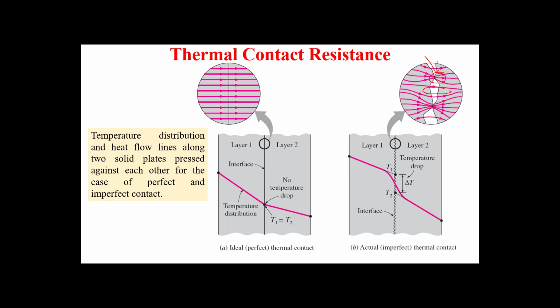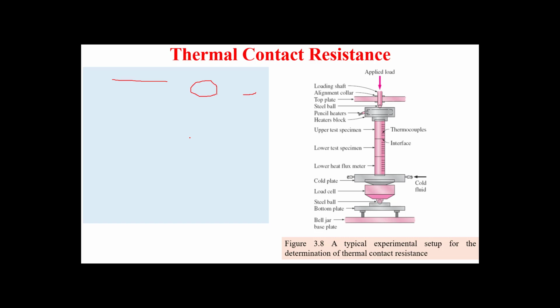Here is a valley, here is a peak, then a valley, then a peak, قمة وقاع. Whenever the peaks from the two layers meet, we have good contact. But whenever there are valleys, this is something bad. This is the meaning of this statement.